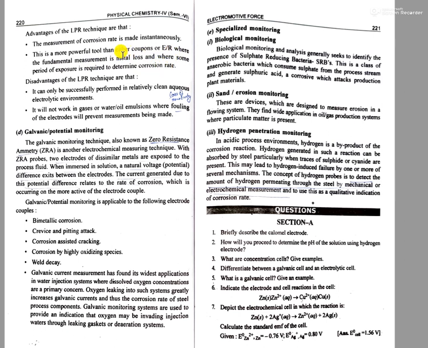So in the Coupon technique and ER technique, some period is required to expose the metal to this environment. Unlike these, this LPR technique is more powerful, and a major weight loss of the metal is not necessary for it to be monitored.